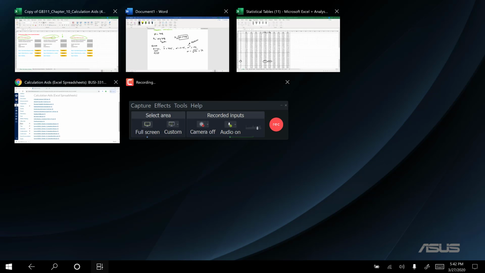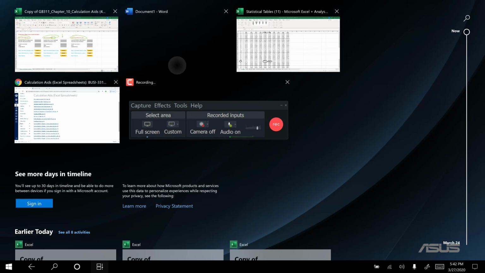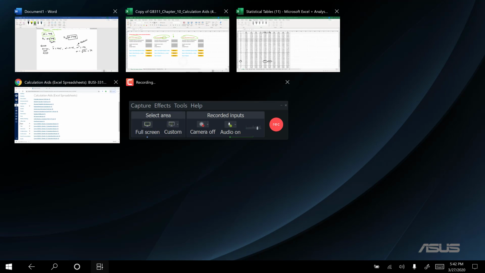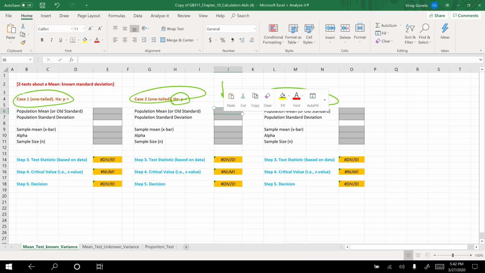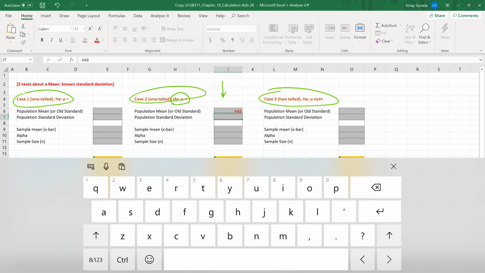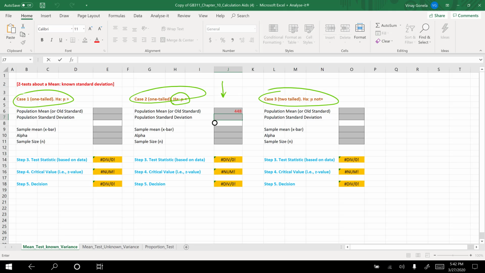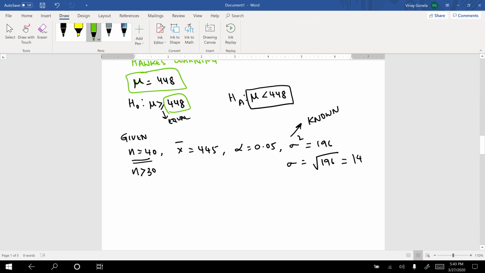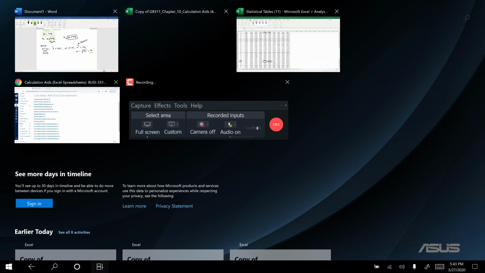Population mean is 448, that is given. And population standard deviation is 14. So I will enter 14 here.